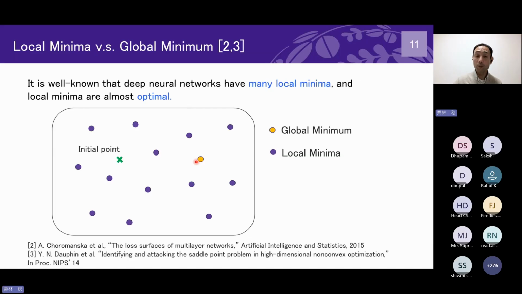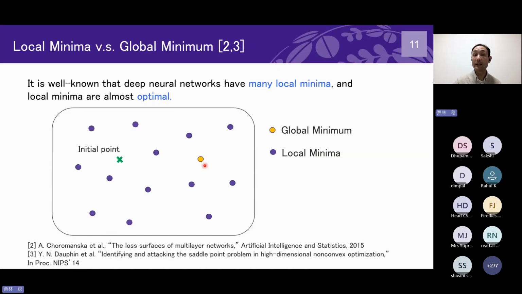And in the training of the DNN model, at training from scratch, the initial point is randomly assigned. Then, through the training phase, the initial point is moved towards the closest local minimum. Of course, it's better to find the global minimum, but we do not need to find the global minimum.